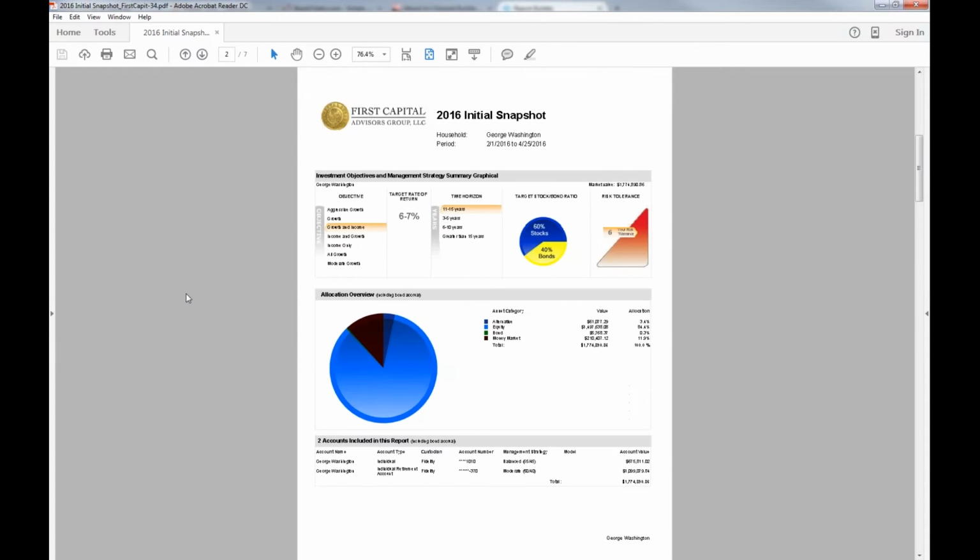you're going to see a page which has a number of different key points in it. So number one, we're going to be looking at your objectives, basically one of 5 categories. Your target rate of return based on the objectives that we have, looking at our capital market assumptions that we've gathered from historical data. We also are going to be looking specifically at your time horizon, and essentially this is the point we're going to begin to draw down into the funds on a significant basis.